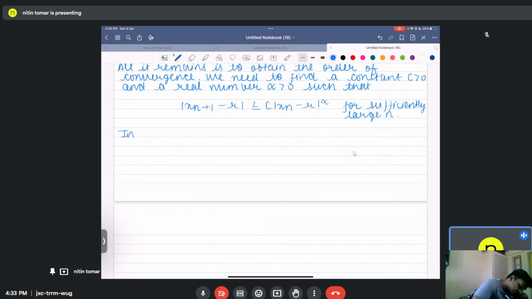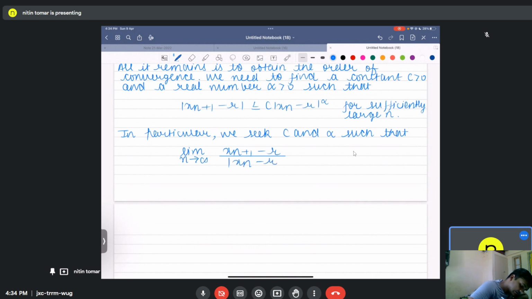So in particular, another way it can be stated is, if you are able to find c and alpha such that the limit as n goes to infinity of |x_{n+1} - r| by |x_n - r|^alpha is c.